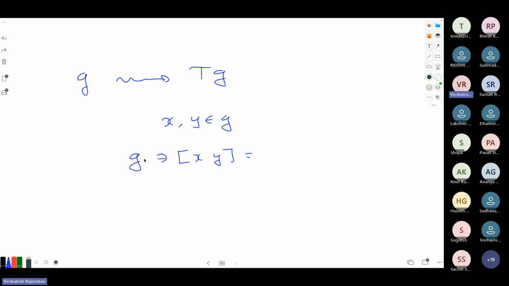So it must be xy minus yx. This is supposed to be xy minus yx in some sense, whenever it acts on a representation. But then you see this side you have a degree 1 term, which is an element of G, and this side you have a degree 2 term. So some kind of compatibility is not there.